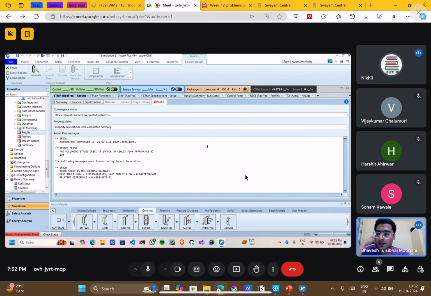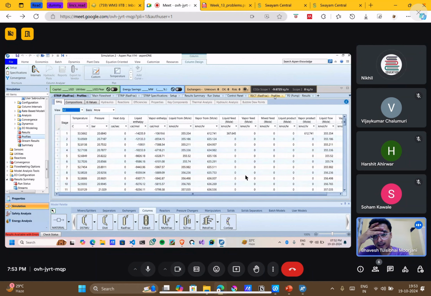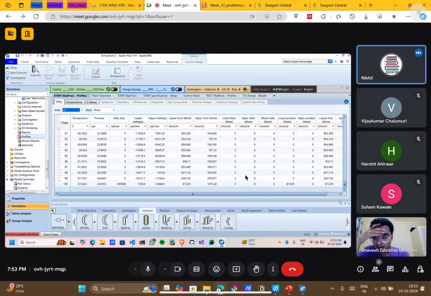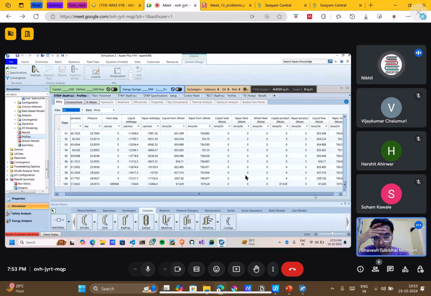Last stage, stage 100, dried up, vapor or liquid flow approach is 0. Go again to the profile and see stage number 100. Go down to stage number 100 bottom. On stage number 100 you have liquid flow, vapor flow. Then why is it showing that the column has dried up?